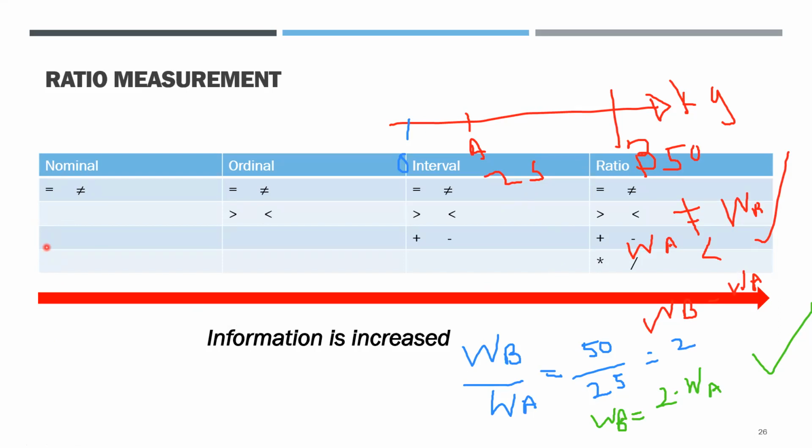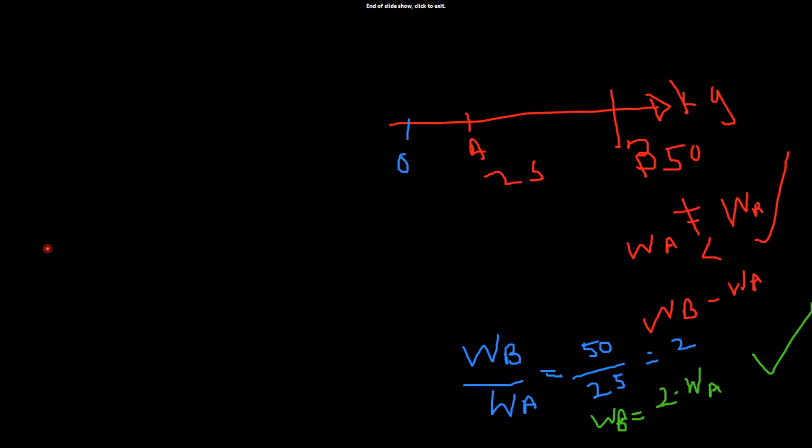That means you can get more information from ratio scale variables than from nominal scale variables. So therefore, before you analyze your data set, you should have an idea about what the variable is, what the variable type is, and what the scale of measurement for these variables is, right? So that is very important.